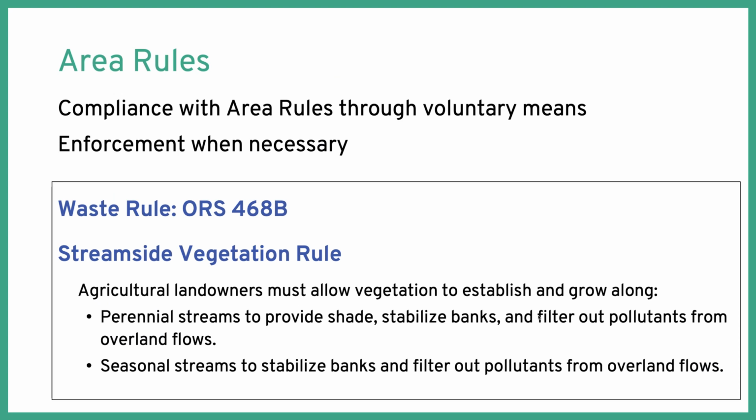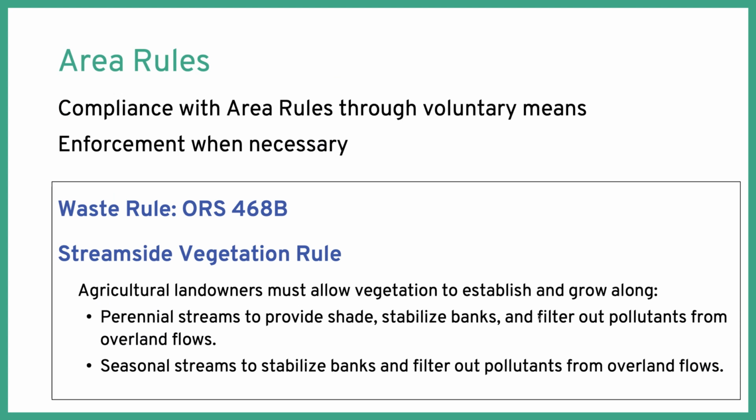For all streams, stabilizing banks and filtering out pollutants. That's seasonal and perennial streams. Perennial streams were also requiring that vegetation be allowed to provide shade to address temperature issues.